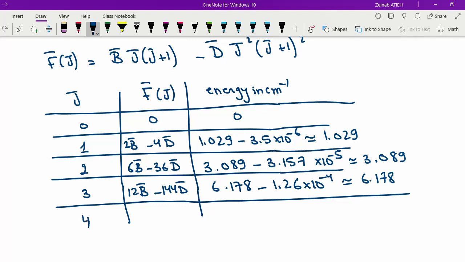For the last J I'm searching for, this is 20B bar minus 400D bar. It's 10.29 minus 3.51 times 10 to the power minus 4, which is also approximately 10.29.